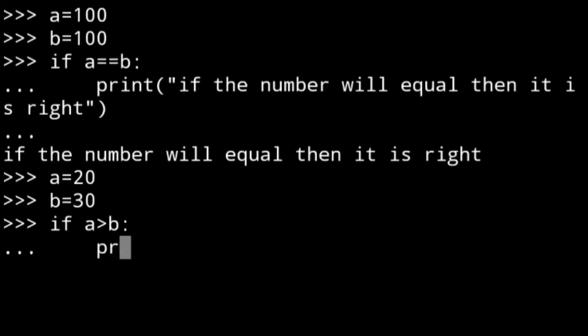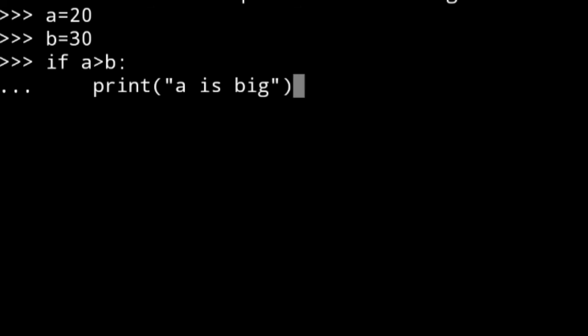Print, a is big. This must be in quotation marks because it is a string. So I am putting the quotation mark. A is big. Close the quotation mark and close the bracket.